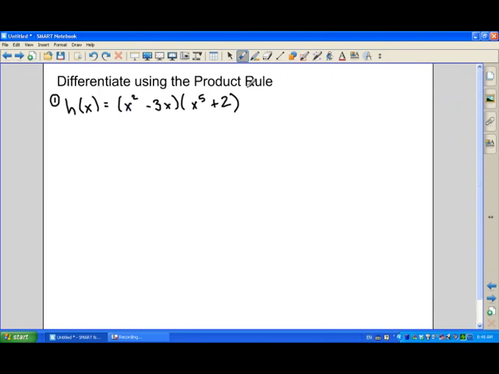So let's look at an example using the product rule. Here I have the function h of x equals x squared minus 3x times x to the 5th plus 2. If I want to differentiate this, I could expand everything first, but that's a little bit more complicated than we're looking for. So rather than expand everything first, let's use the product rule, which states take the derivative of the first term, multiply it by the second term, add to that the first term, times the derivative of the second term.